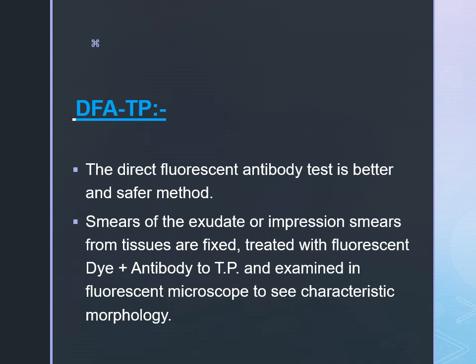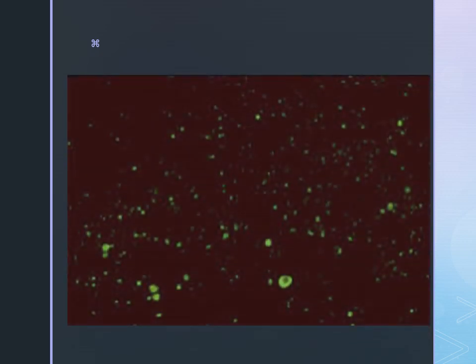If these bacteria are there, then this antibody will bind to them and we will see them as fluorescent. We can check under the fluorescent microscope and see that characteristic morphology. That is how it is different from dark ground microscopy. Here we are doing the direct fluorescent antibody test. This is the picture of how we will notice it.